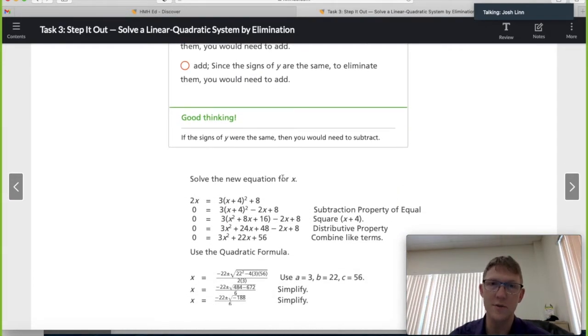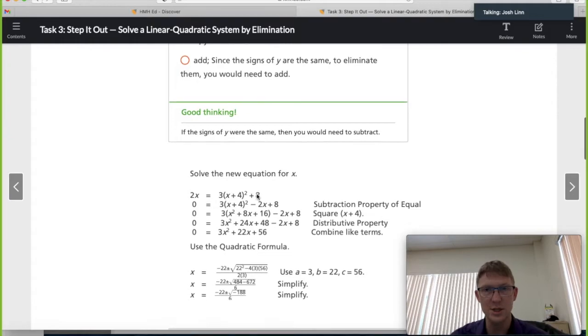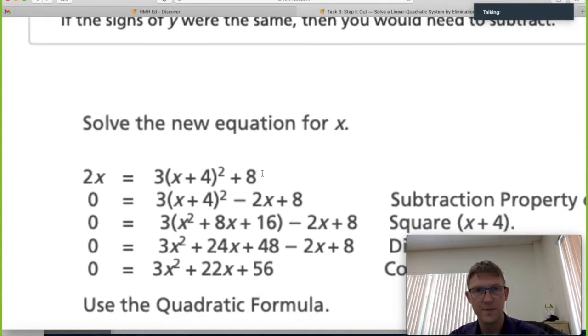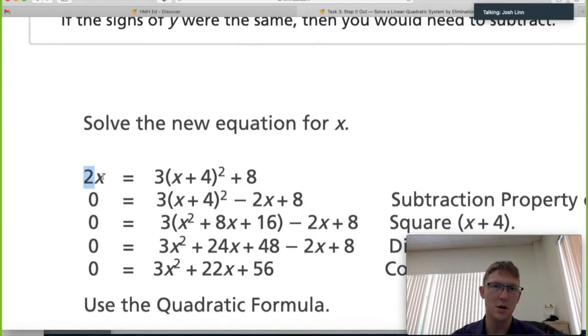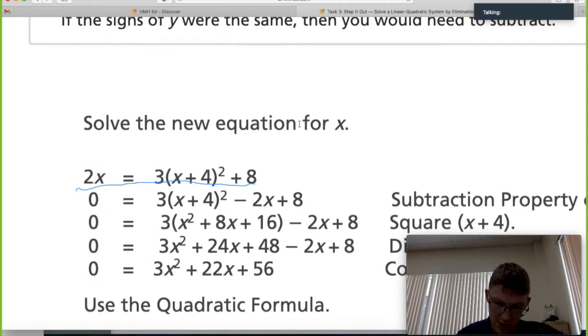Okay, solve the new equation. So here is our original equation. There it is. So we're going to shove everything over onto the right. So minus 2x from both sides.